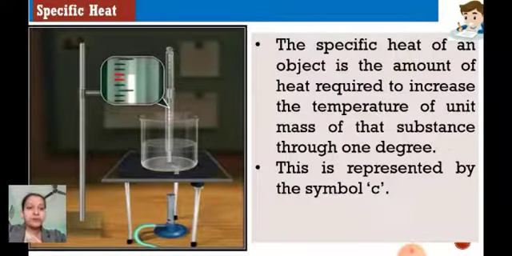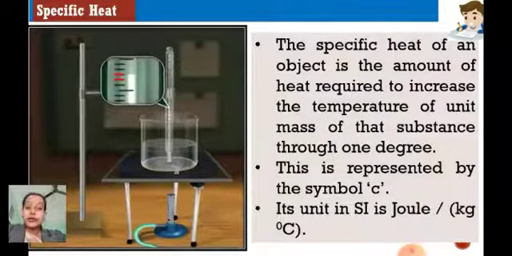The SI unit of specific heat is joules per kilogram degree Celsius. Remember, the SI unit is joule per kilogram degree Celsius. That you will remember a little later when we talk about the amount of heat.